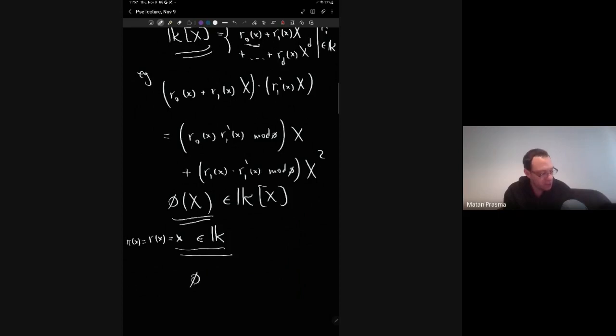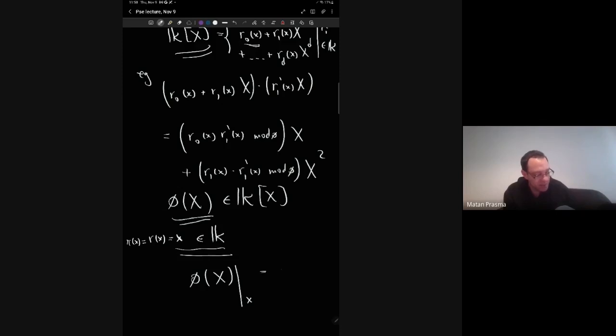Sometimes it's denoted, you take the polynomial and you evaluate it at the element. But what happens now? Okay, I take the polynomial. Basically, I replace capital X by small x.